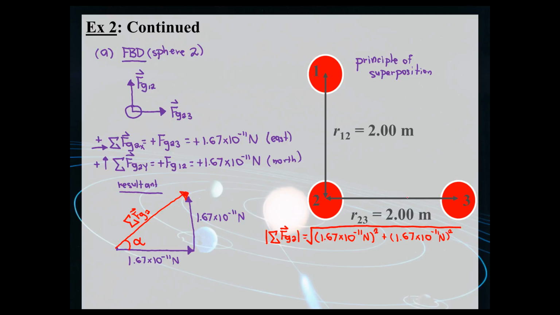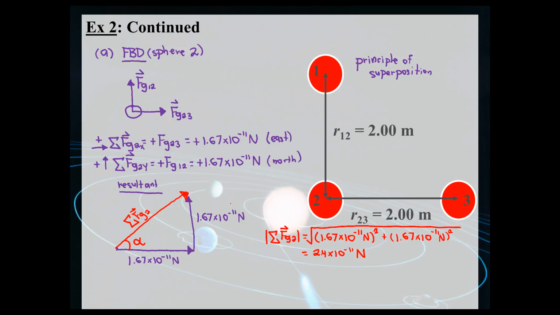And this is part of the final answer, so now we'll start going to significant digits. So this magnitude would be 2.4 times 10 to the negative 11 newtons.